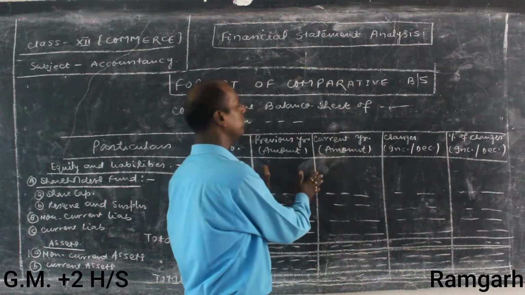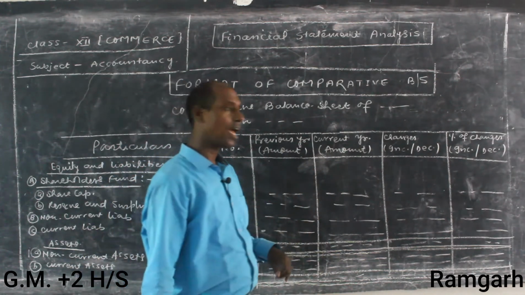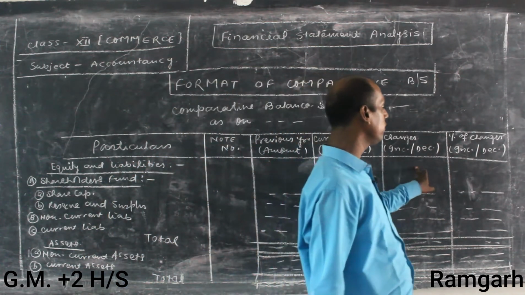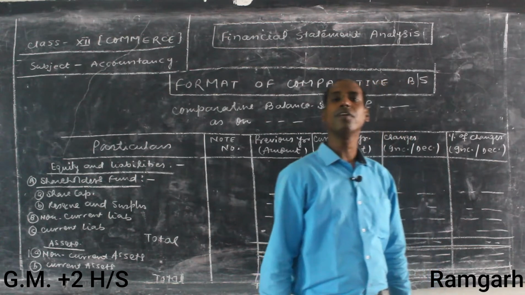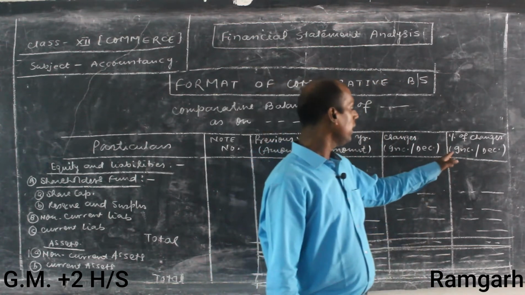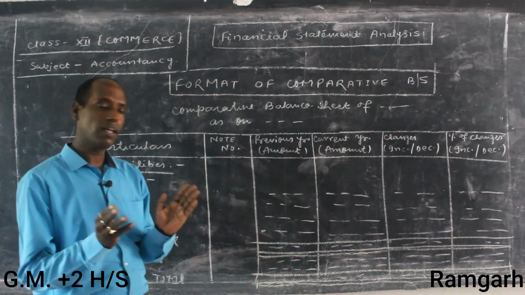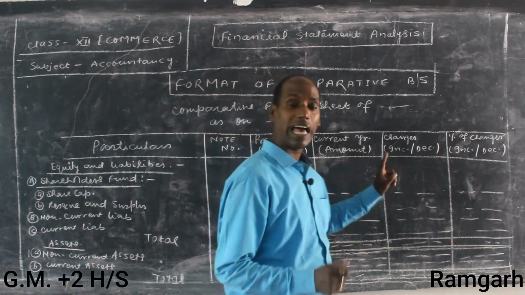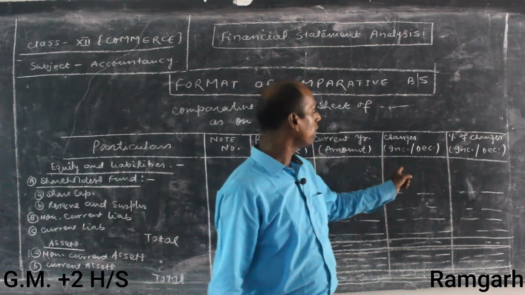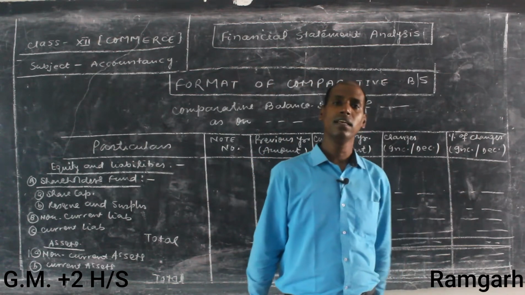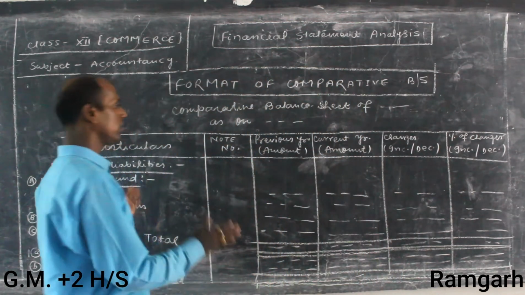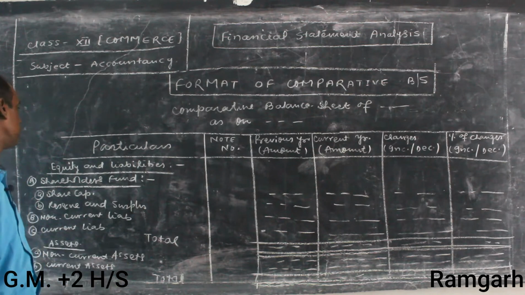What are the changes between previous year and current year amounts? Either increase or decrease, and thereafter the percentage of increase or decrease in the amounts. What is the percentage? Here the absolute value of changes, thereafter percentage of changes.